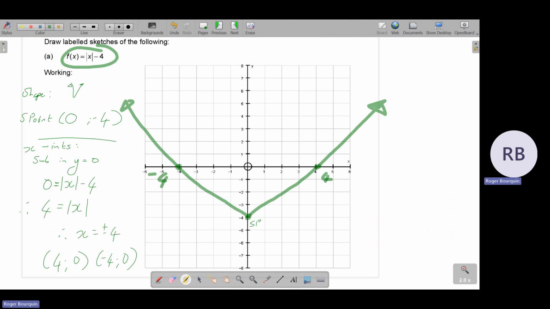Right. 3, 2, 1. Bianca, what's the equation of the axis of symmetry? You and your neighbor, tell me please.